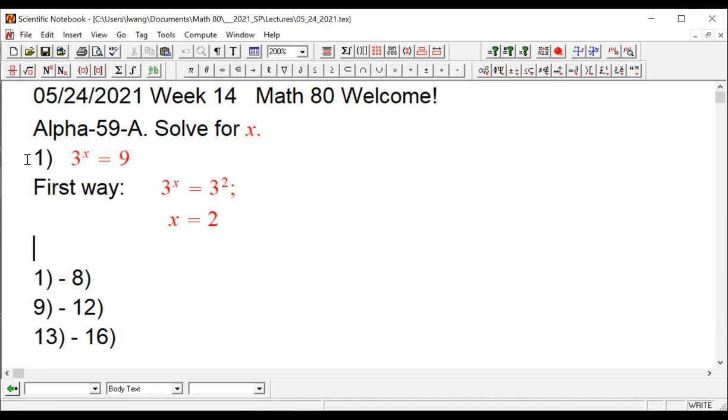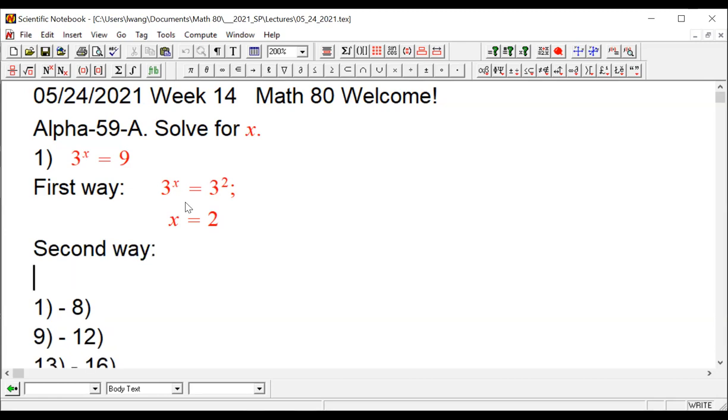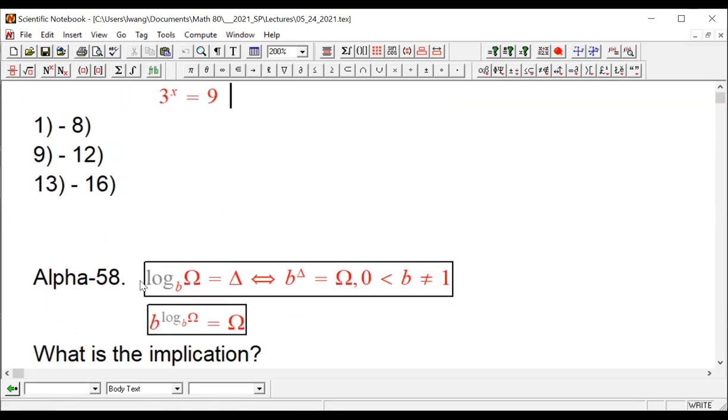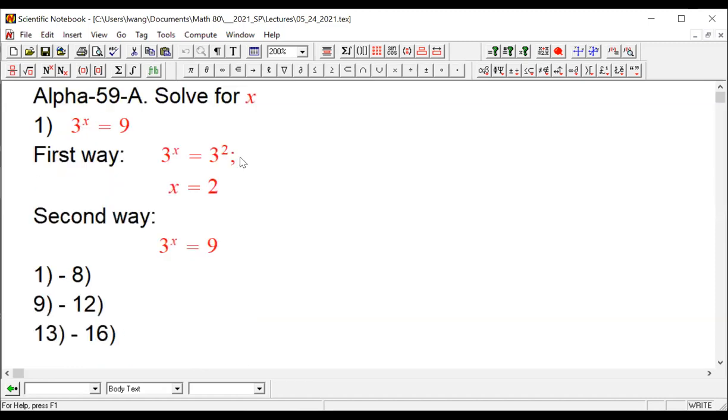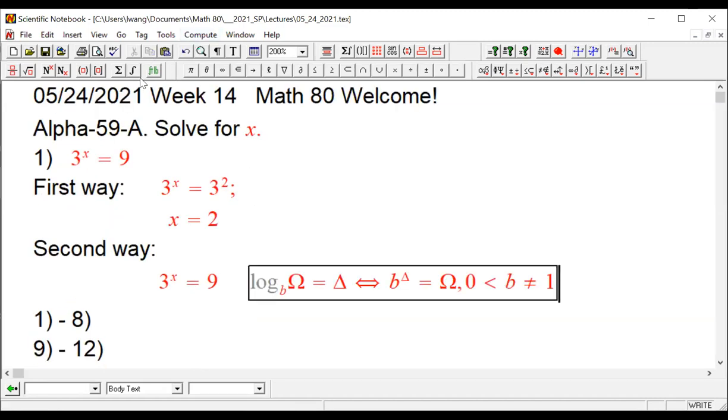When we look at number 1, let's look at the second way. The second way is by definition. What is our definition? That's our definition. And our base is 3, so that's a 3.